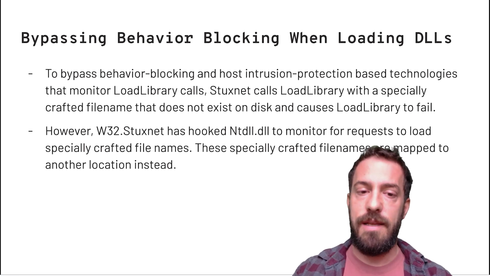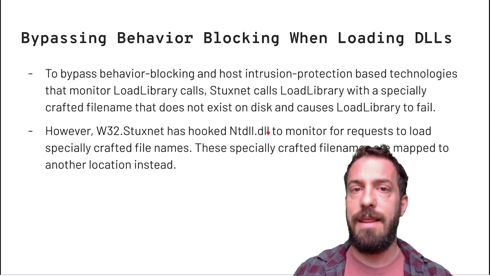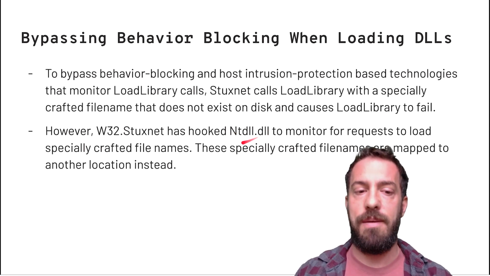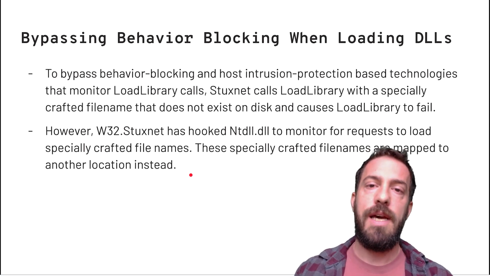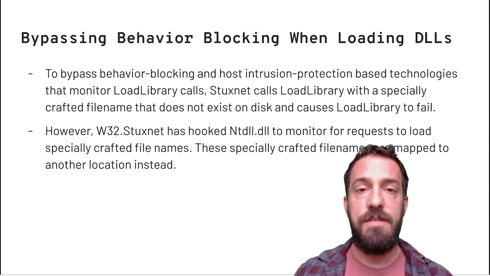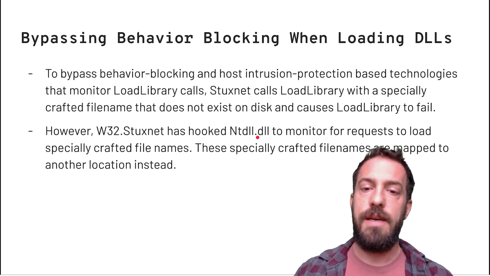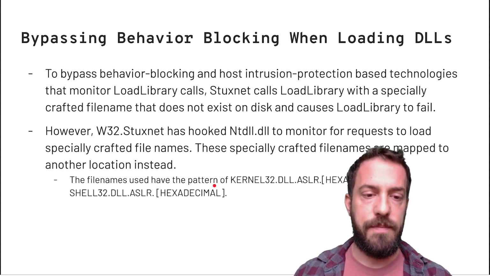so the antivirus mechanisms were not able to do further behavior investigation in those loads. However, Stuxnet had hooked into this DLL, and then it would load this specially crafted file name to execute parts of Stuxnet, because Stuxnet again was DLL calls, and to ensure that the antivirus wouldn't monitor those calls, it would intercept the LoadLibrary and ensure that the antivirus wouldn't check further.